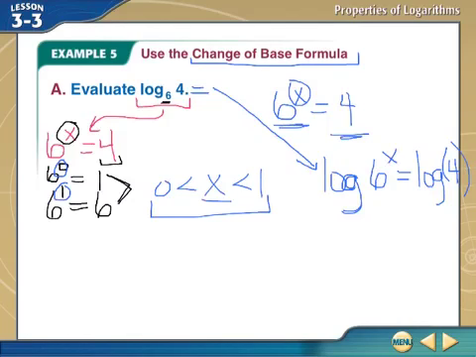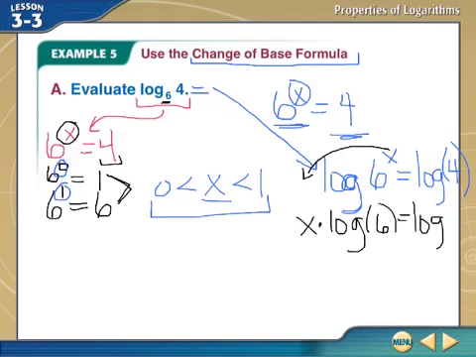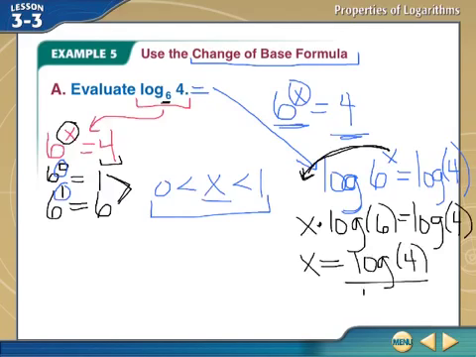What I can do here is apply the properties that we learned in lesson 3-2, and I can bring down the exponent: x times log of 6 equals log of 4. Since I'm multiplying x times log of 6, I can divide both sides by log of 6, and I have my answer.